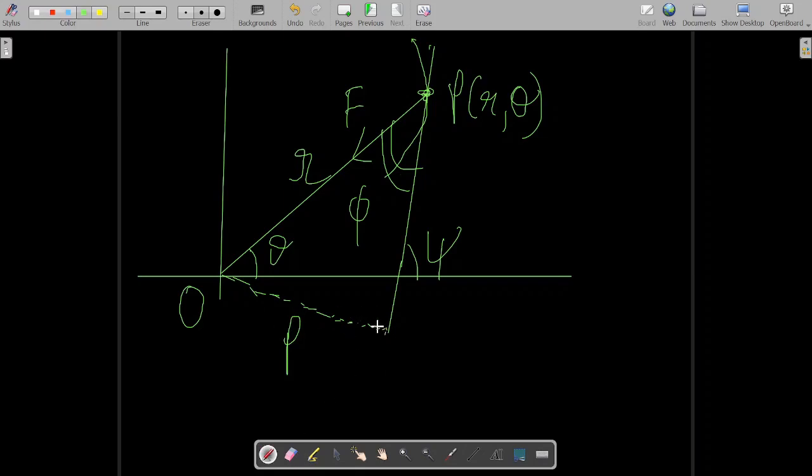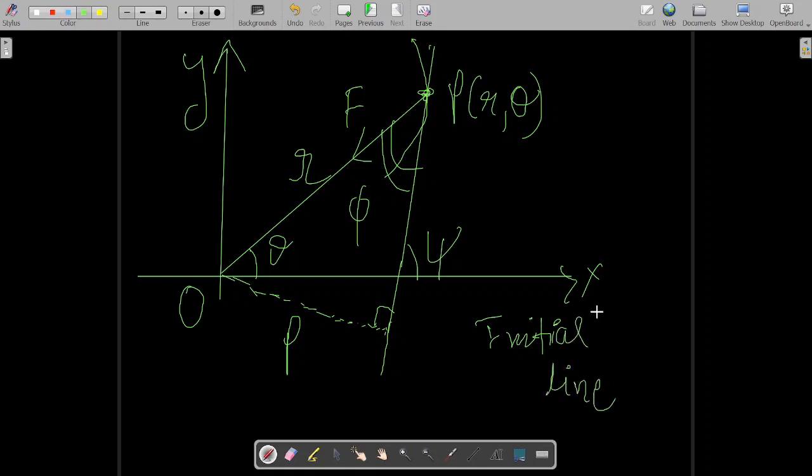This is your 90 degree. This is the trajectory of the particle. This is your y-axis as always, and this is your x-axis as always. This is also called your initial line.